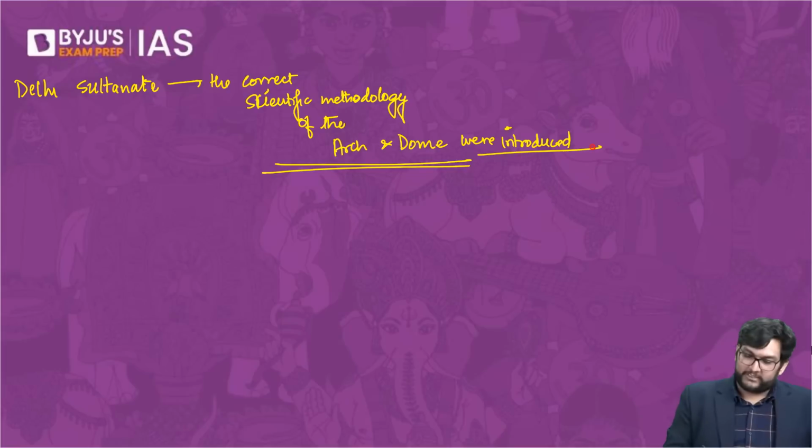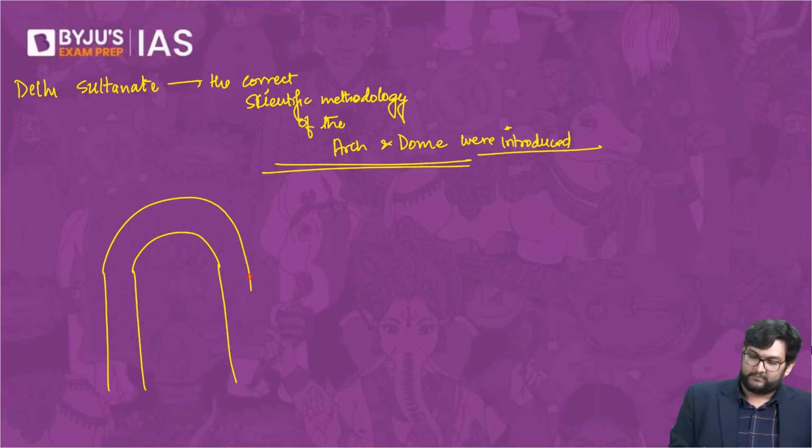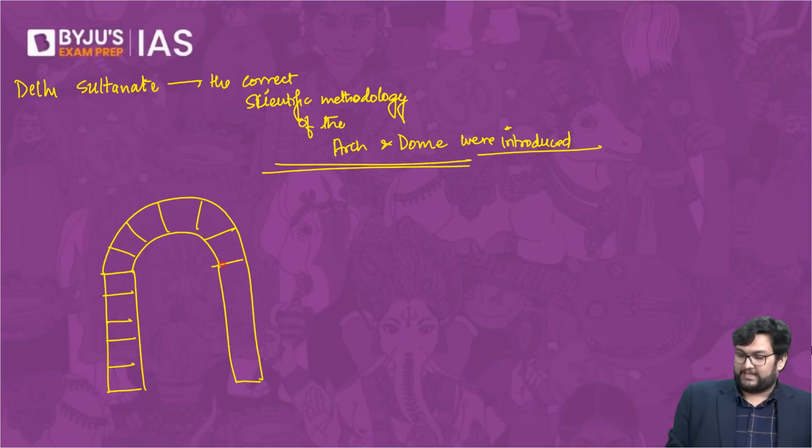Now, basically, what they did was that they were able to produce what are called true arches. Arches are basically doorways or gateways.